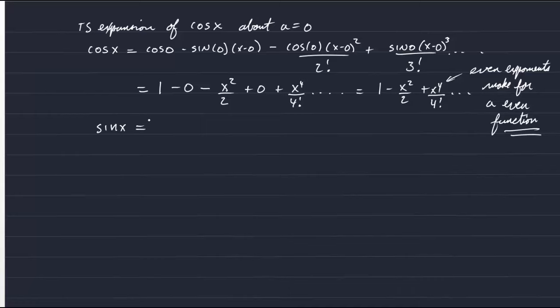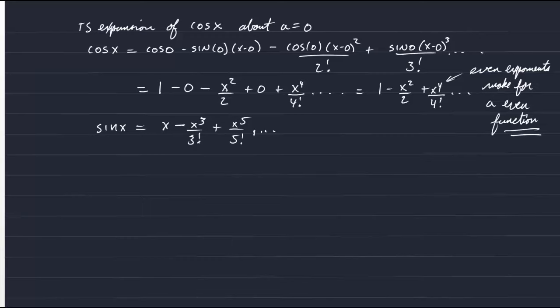The expansion of sine x gives x minus x cubed over 3 factorial plus x raised to the 5th over 5 factorial, and so on.